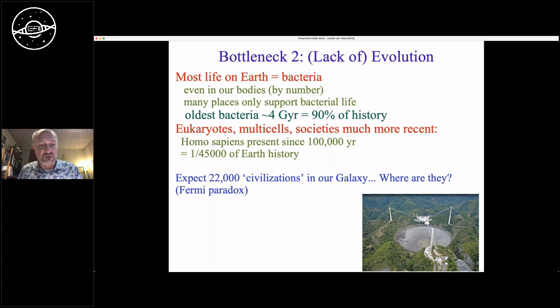So we need further searches for these civilizations to definitively answer this question. But this gives some insight into why these civilizations may be rare, because it takes a long time for communication abilities, radio technology, to build up.